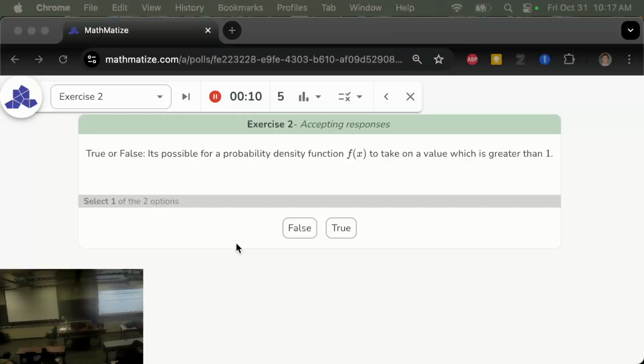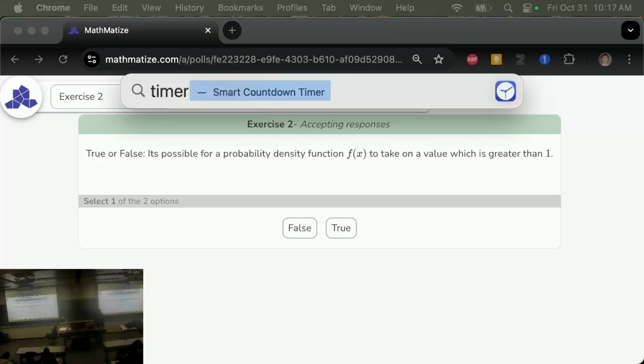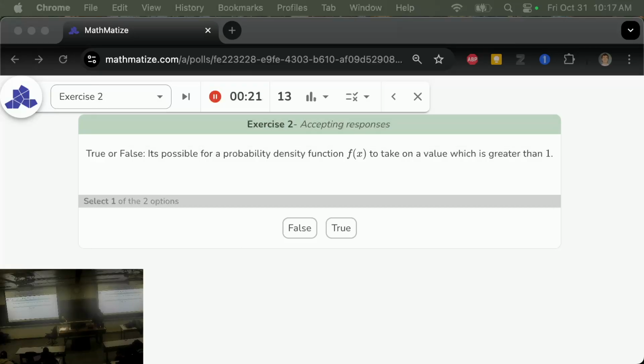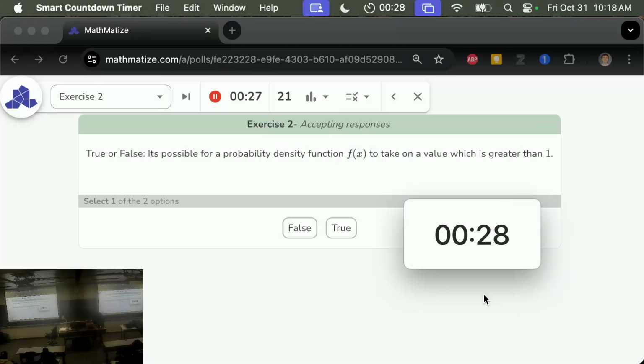Amazing. It's a very nice one because it's a true-false. True or false, it's possible for the probability density function to take on a value which is greater than 1. Let's give you 30 seconds. We did mention this, and it is related to this idea of really tiny intervals.